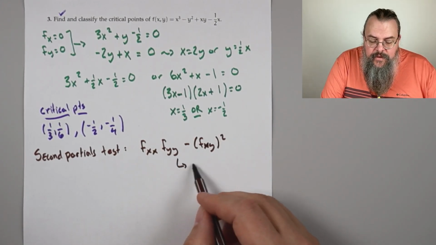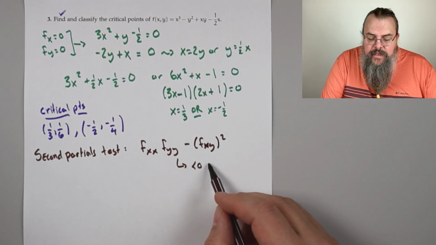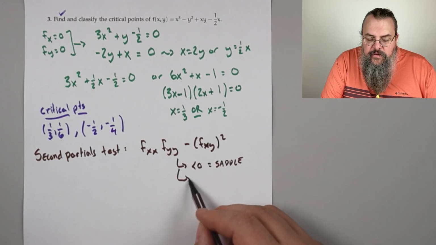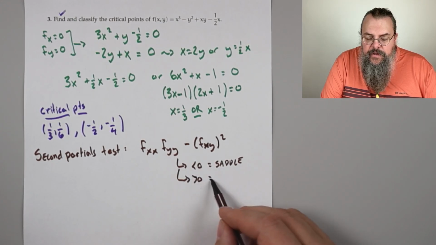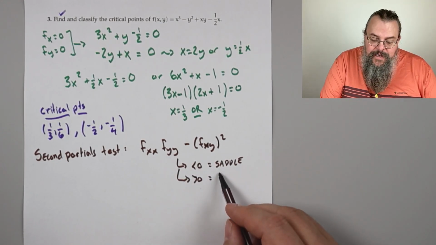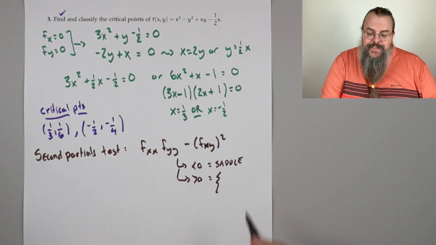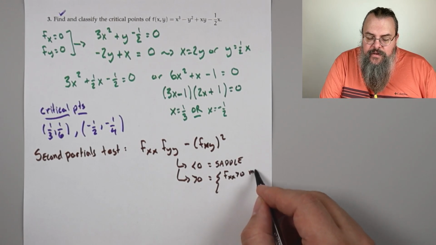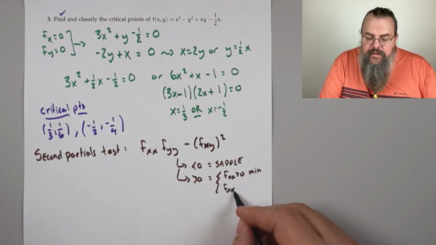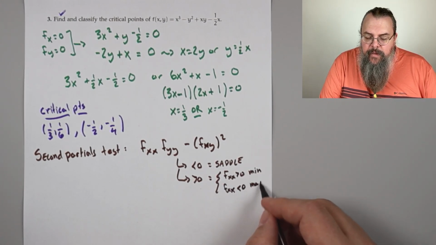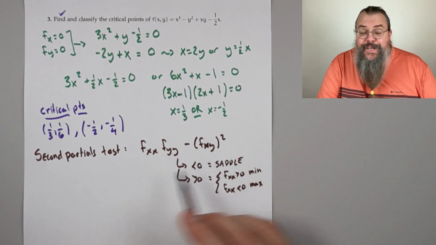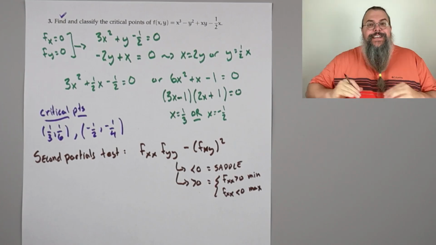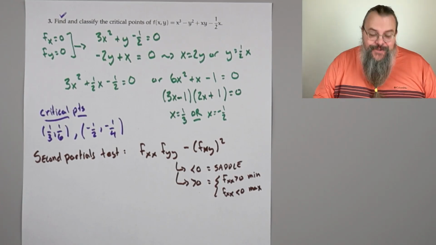If this is less than 0, that equals a saddle. If it's greater than 0, well, then you have a max or a min, and what you do is you look in one of the slices and you say, okay, if f_xx is positive, min; if f_xx is negative, max. If this expression is equal to 0, we throw our hands up and say, second partials test is inconclusive.